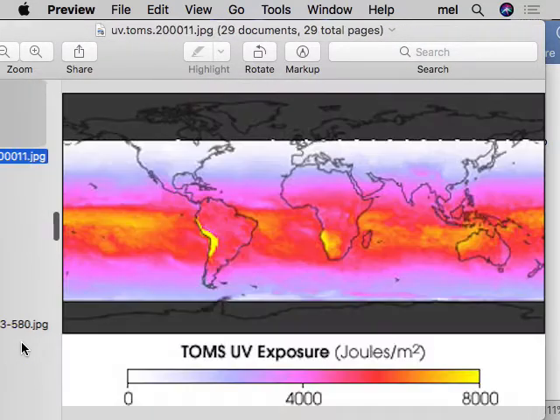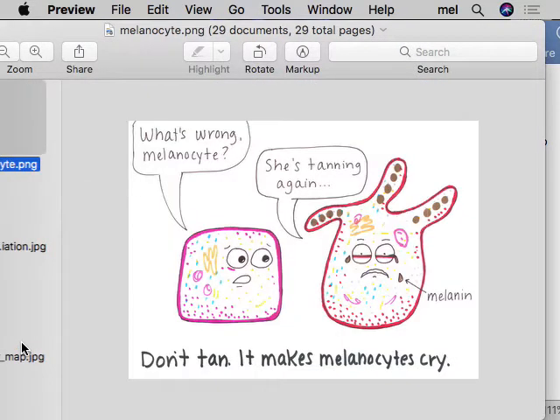It's basically making your melanocytes cry melanin, right? They're like, stop it, stop it, stop it, and they make more melanin. And then the melanin will stay around for however long it stays around, which is genetically predisposed. Some people have more persistent melanin and less persistent melanin. But it means, without a doubt, that UV radiation did hit your melanocytes, okay?